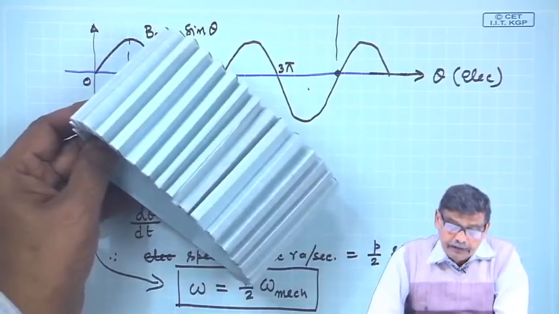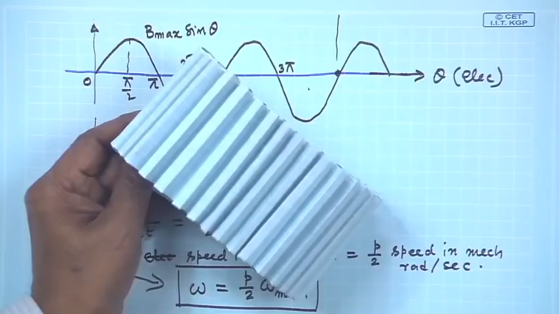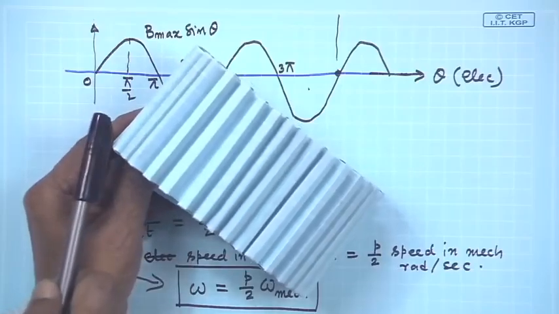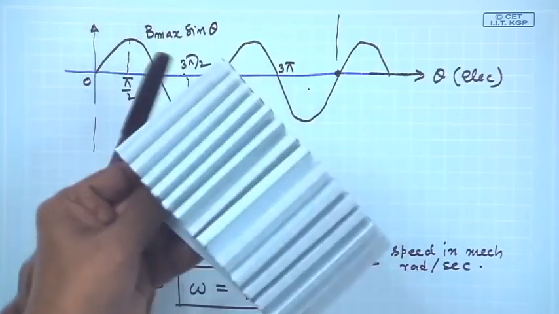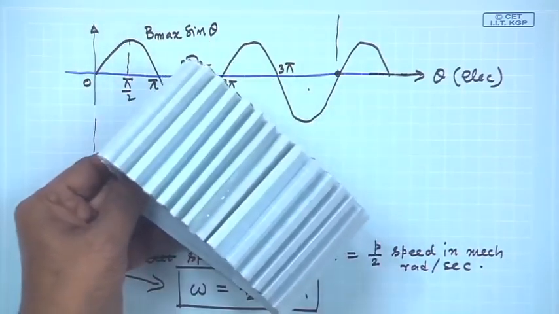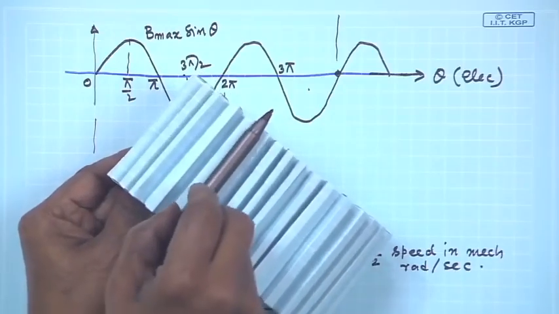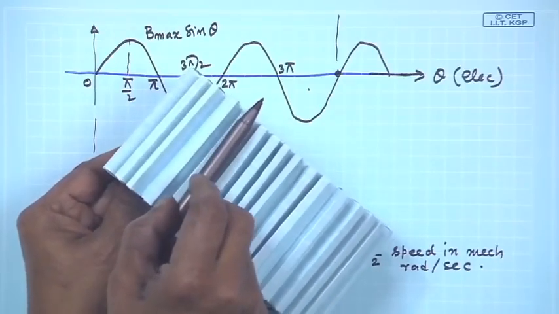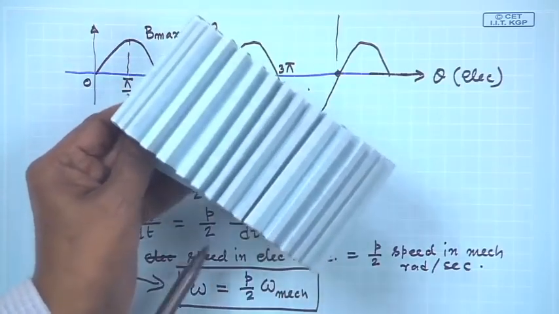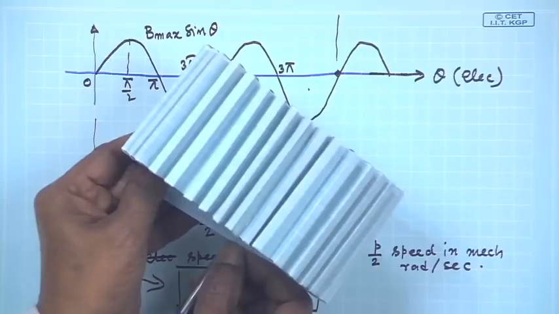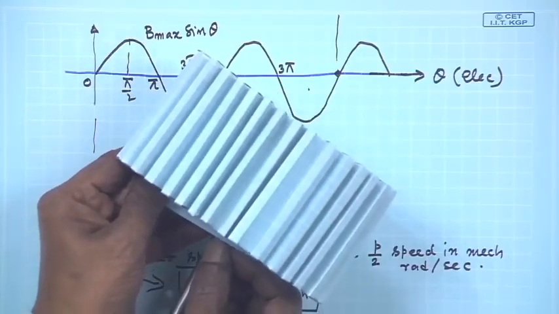Now, at this point you try to understand, if it is a 2 pole machine, then half of the slots will be under the north pole and the remaining half will be under the south pole. So, if you have placed one conductor in this slot under the center of the north pole, its return conductor should be placed under the center of the south pole, so that the maximum voltage will be induced.